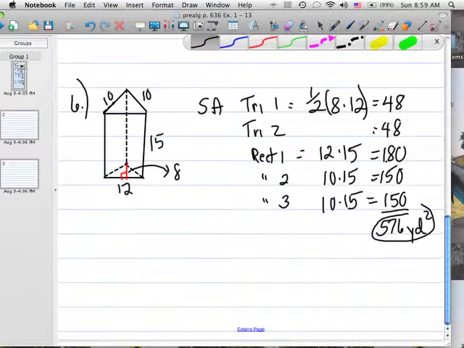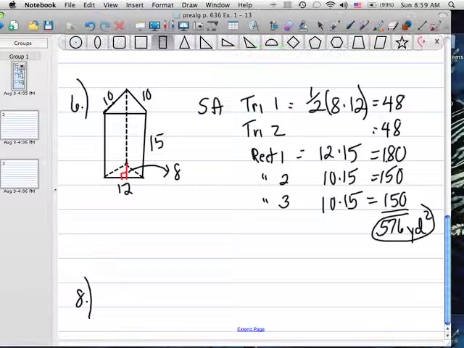Okay, problem number 8. We have another rectangular prism.